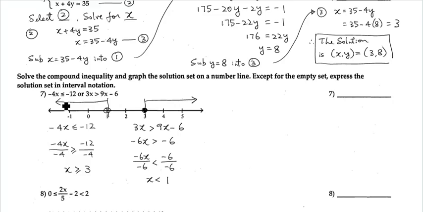And the question is or. So how many arrows are we looking for? Are we looking for 2 arrows? It's just 1. Either or, just 1 would be sufficient enough. So we are going to shade this, and we are going to shade this.